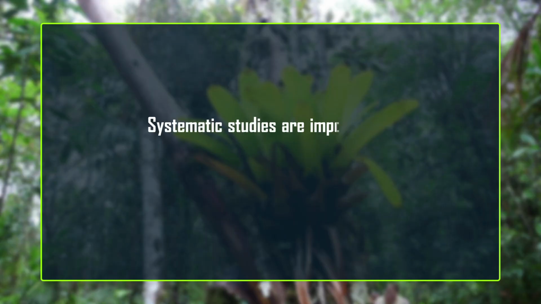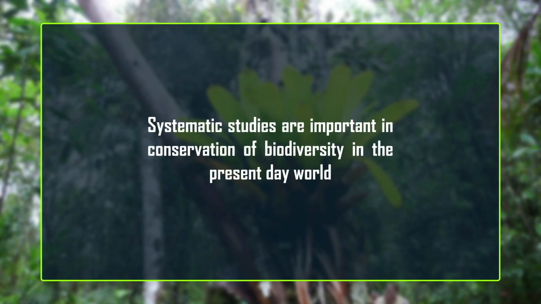In the present day world, systematic studies are important in the conservation of biodiversity because as species disappear, so does their potential to facilitate our future economic needs. Many species which are yet to be described will have enormous value for food, medicine, or other human needs. These are routinely encountered during the course of systematic work. Therefore, systematics is essential for helping to ensure our continued survival on this planet Earth.